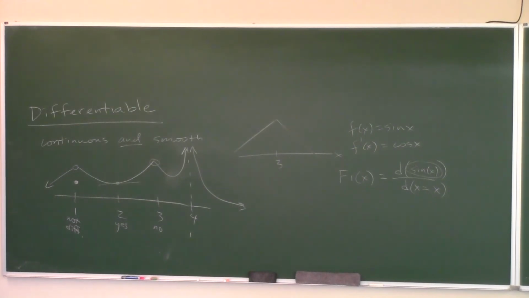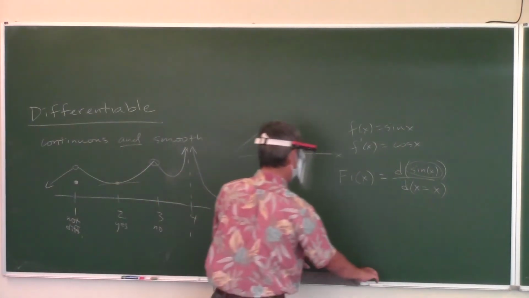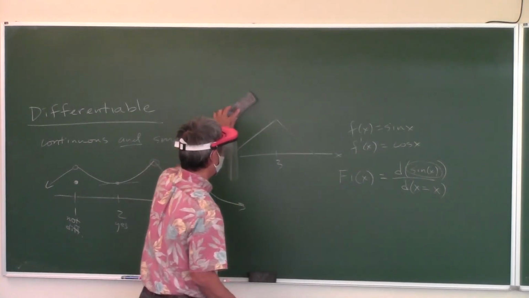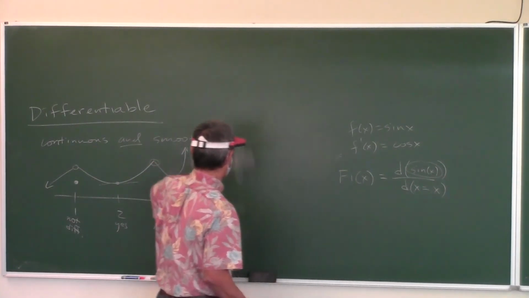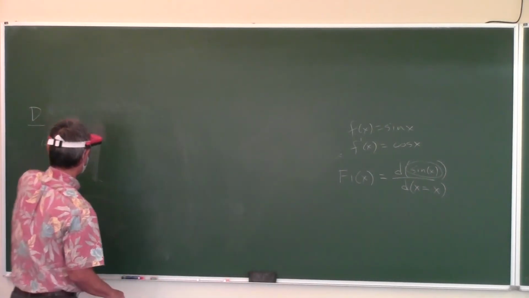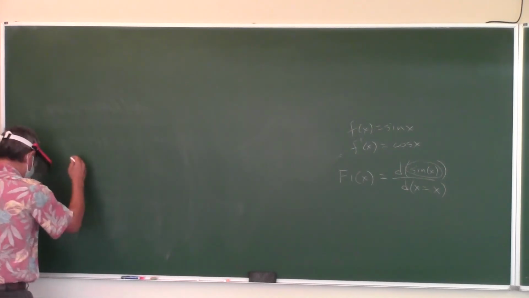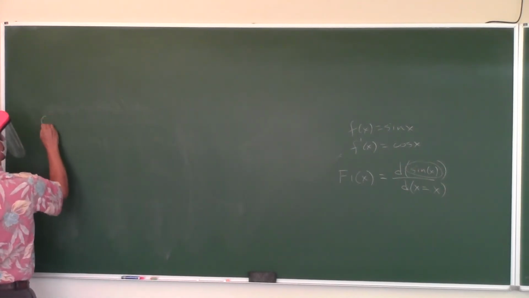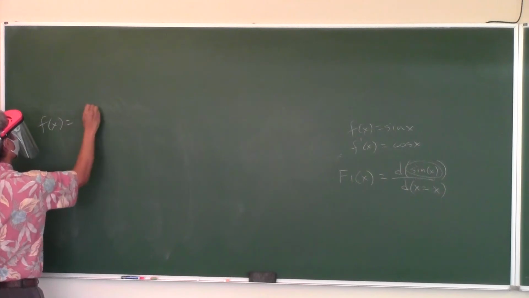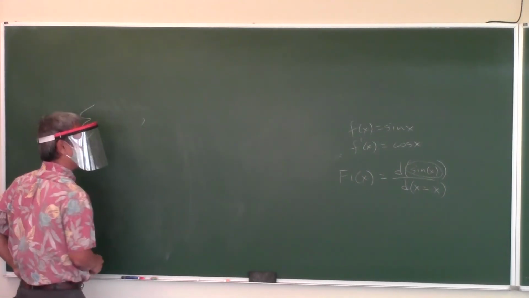Okay, number 4. What if I give you a piecewise function? This is where you have to give reasons. Just like on today's quiz, yeah? So let's erase this. F of x is equal to, okay, let me think.